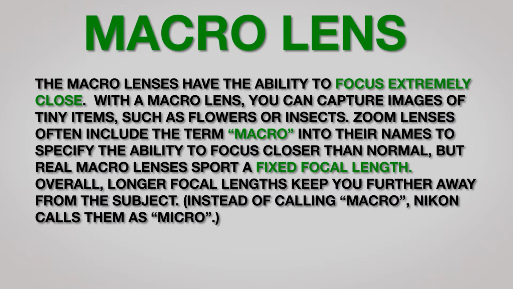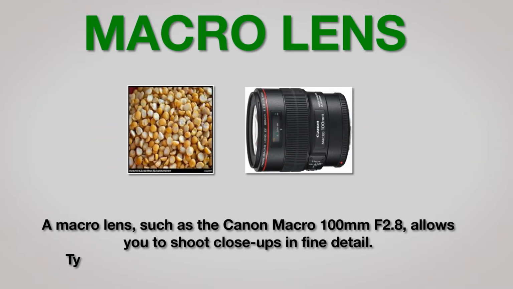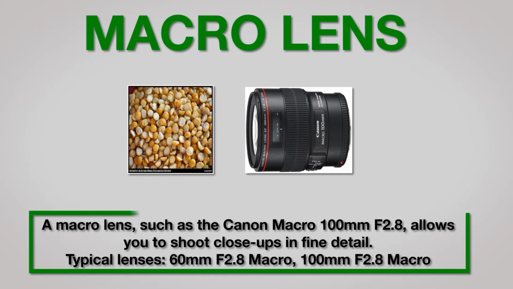Overall, longer focal lengths keep you further away from the subject. Instead of calling them macro, Nikon calls them micro. A macro lens, such as the Canon Macro 100 mm f2.8, allows you to shoot close-ups and fine detail. Typical lenses: 60 mm f2.8 macro, 100 mm f2.8 macro.